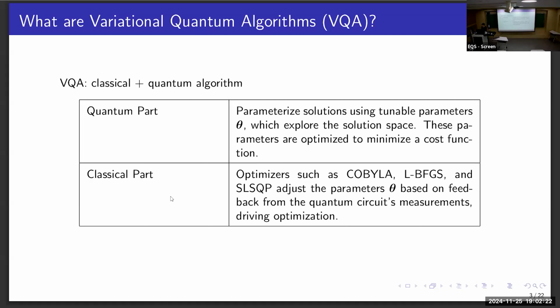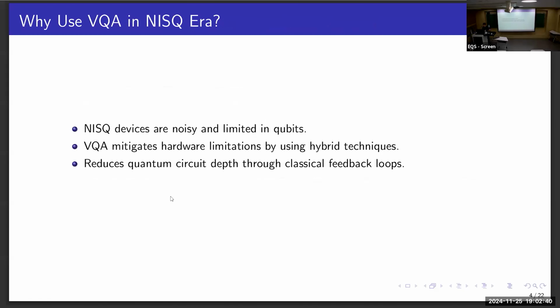The classical part is optimizers such as COBYLA, L-BFGS, and SQP. These are examples of the classical part. They adjust the parameters theta based on feedback from the quantum circuit's measurements, driving optimization.